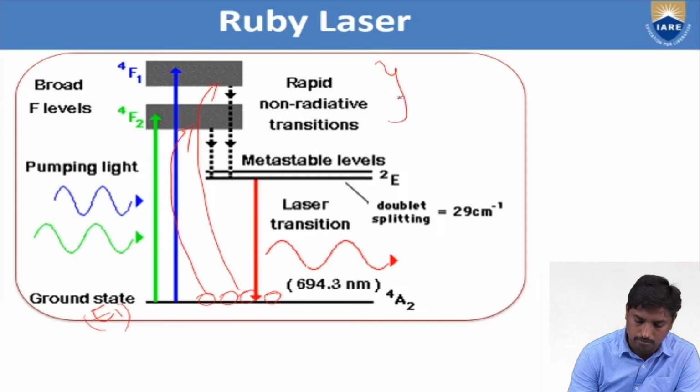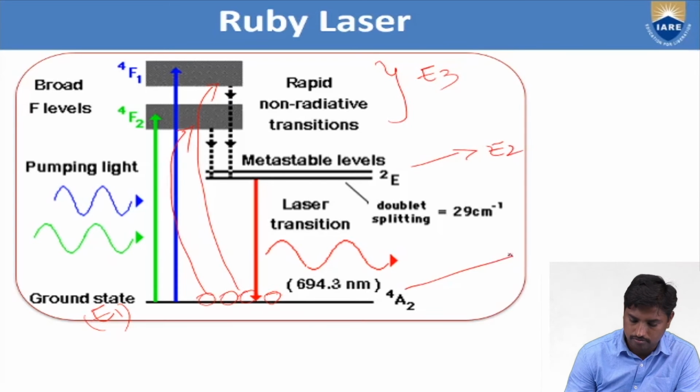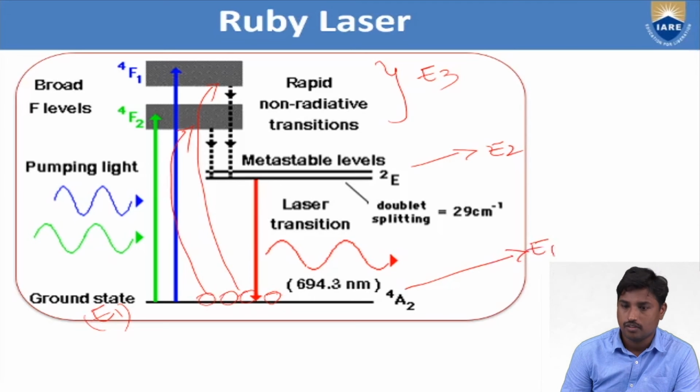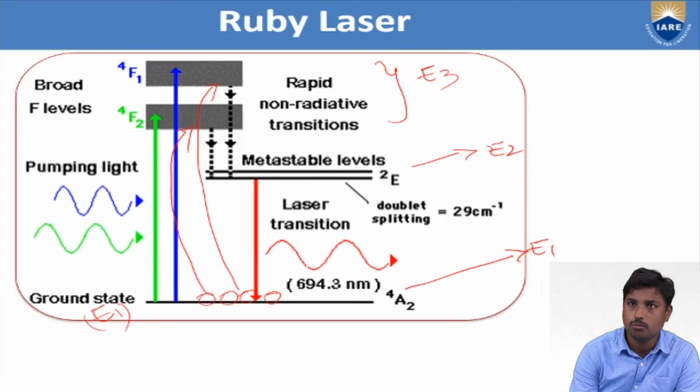This is a 3-level scheme. This is E3, this is E2, and this is E1. Already we discussed the three energy level scheme. E1 is the ground state energy level. E2 is the metastable state. E3 is nothing but blue and green absorption. Both are very close to each other, so we call it only one energy level, 4F1 and 4F2.